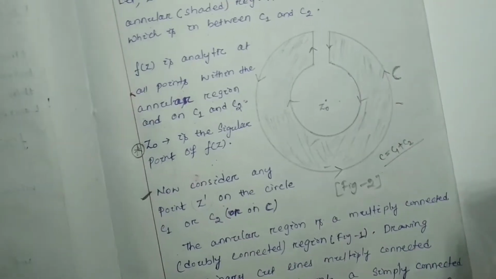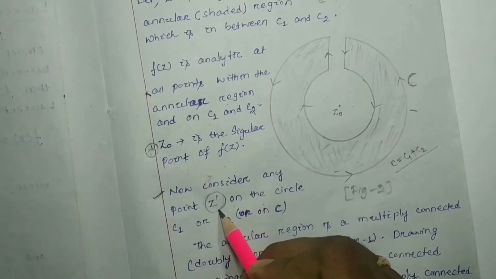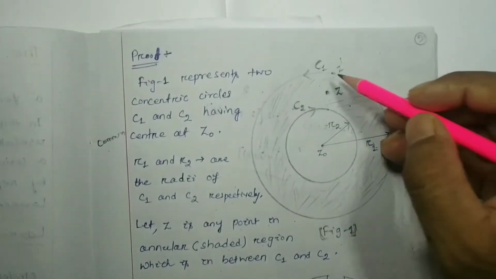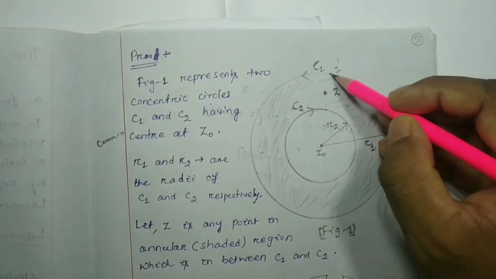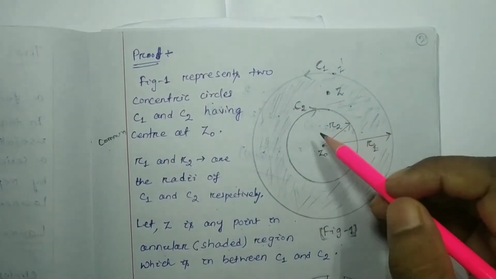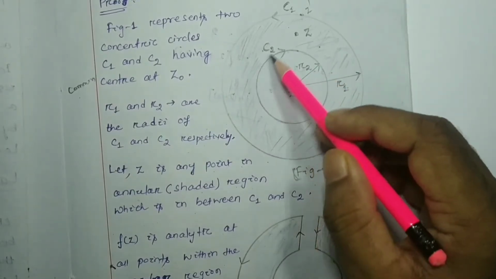So let Z dash be a point. If we consider figure 1, this Z dash point is either on the circumference of the C1 circle or on the circumference of the C2 circle.